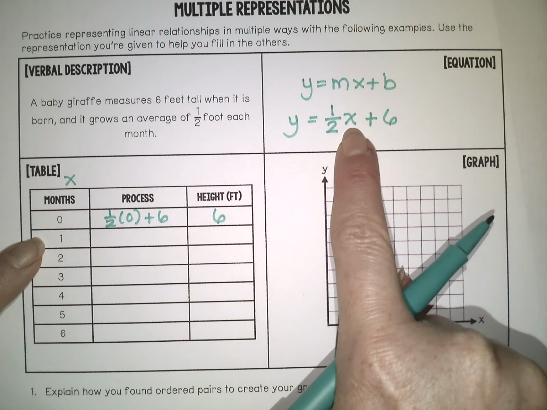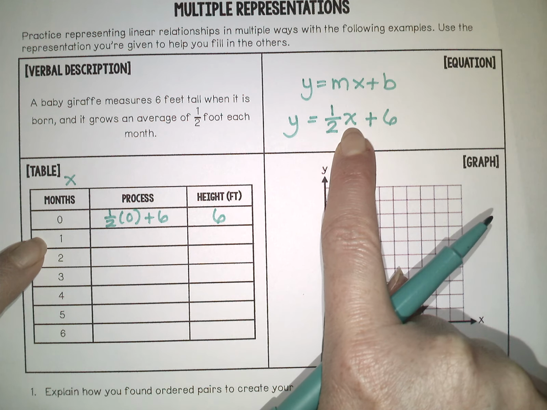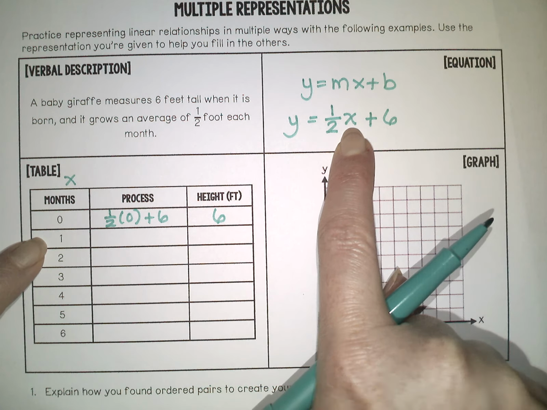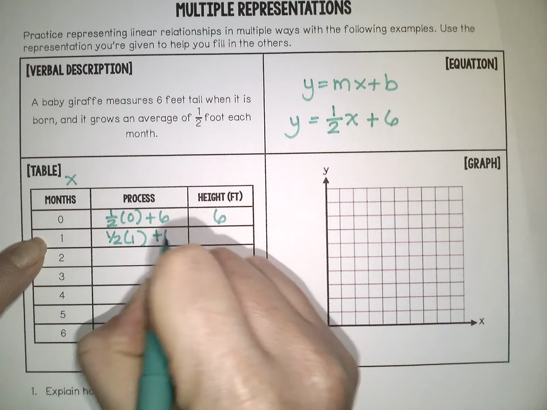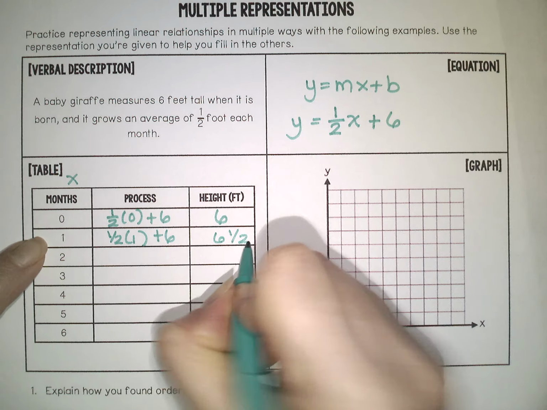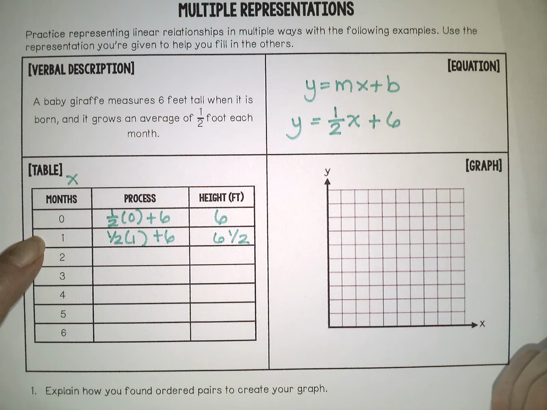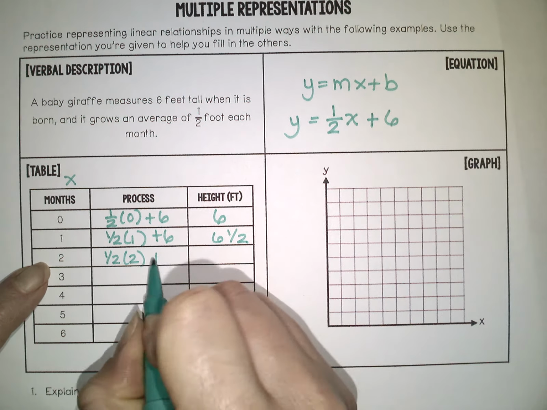So if we wanted to know what was the height of the giraffe at 1 month, a half a foot times 1 is 1/2 times 1 is, anything times 1 is itself, plus 6, so a half plus 6. So at 1 month, the giraffe was 6.5 feet tall.